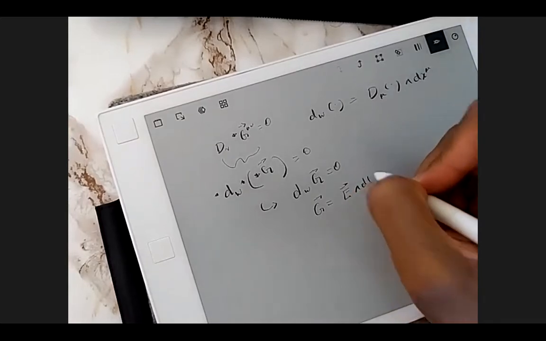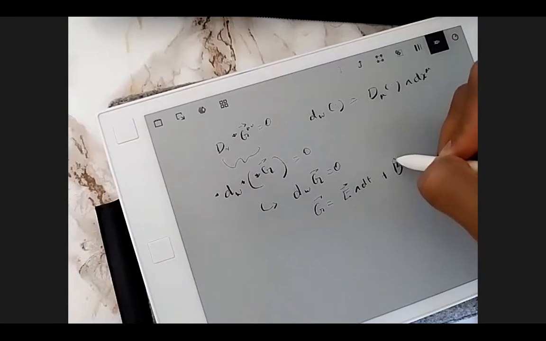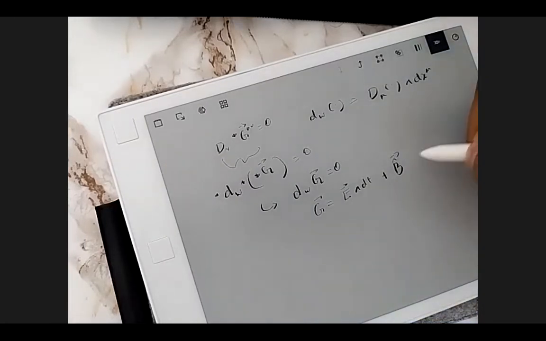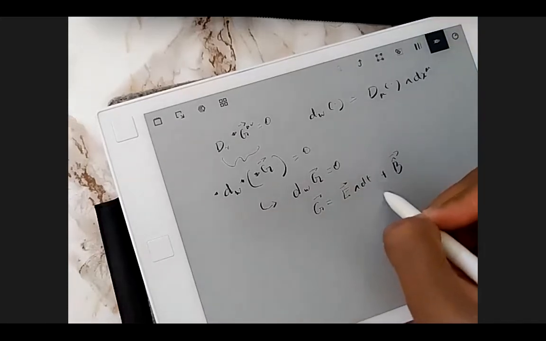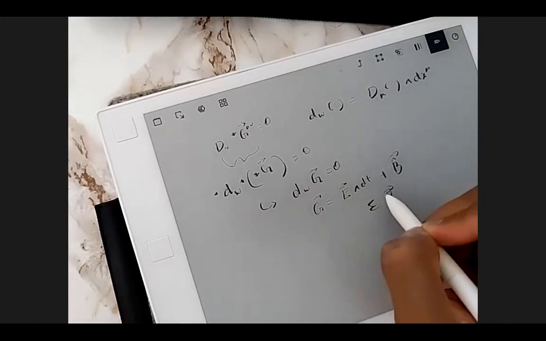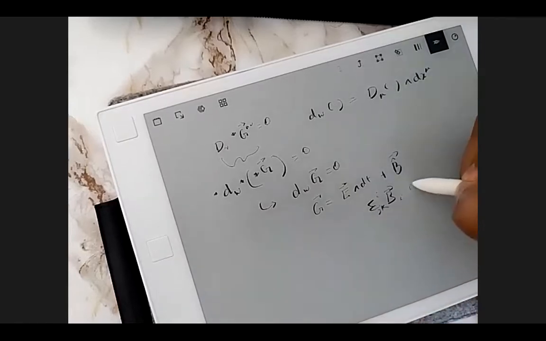This is E dt plus, I'll call this B hat, epsilon i j k dx^j dx^k. It's bad notation, I know, but you know what this means now.